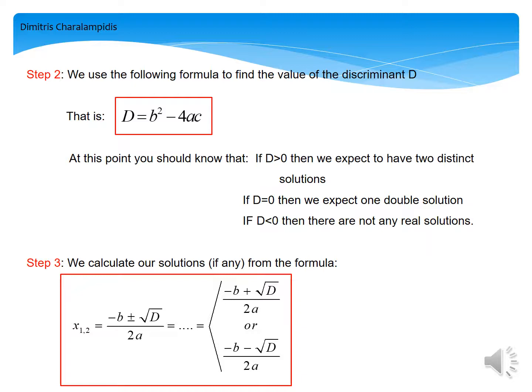And plus minus here means that at some point we will split that fraction into 2 new ones. In one we'll have the plus, and we will write minus b plus square root of d over 2a, and in the other we'll have the subtraction, and we should write minus b minus square root of d over 2a.